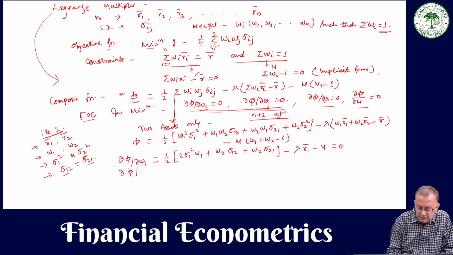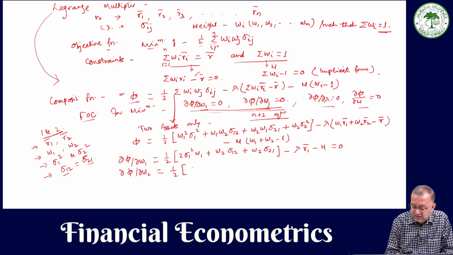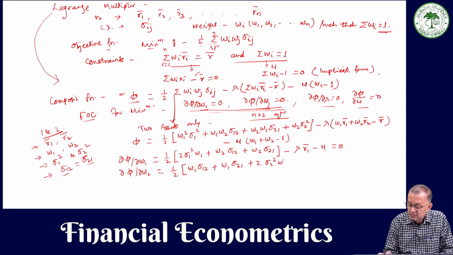Then delta phi upon delta w2 is 1 by 2 into w1 sigma 1 2 plus w1 sigma 2 1 plus twice sigma 2 square w2, minus lambda r2 bar minus mu is equal to 0.